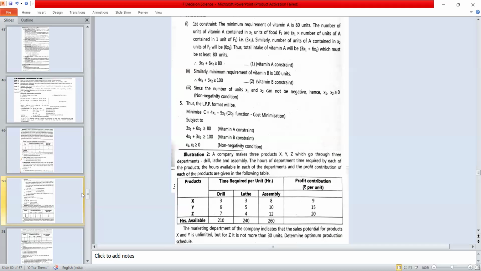That is our main objective equation. And the constraint equations are 3x1 plus 6x2 equal to or more than 80, the vitamin A constraint. The vitamin B constraint is 4x1 plus 3x2 equal to or more than 100. And the non-negativity condition is x1 equal to or more than 0, and x2 equal to or more than 0. So the next example we will see in the next lecture.